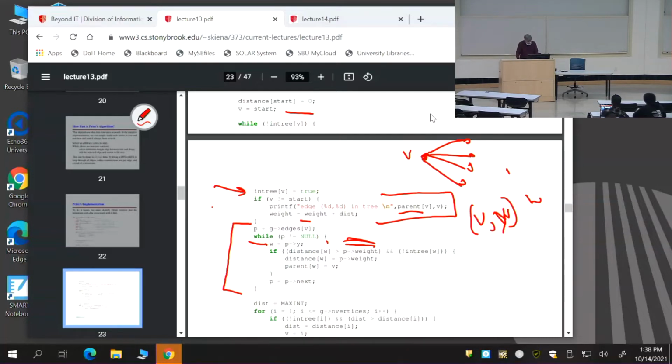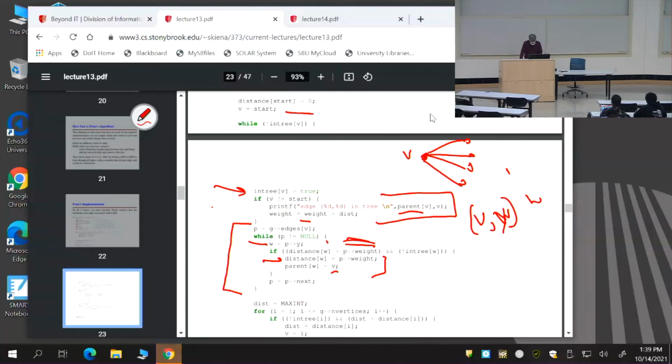If W is not already in the tree, and I found a cheaper way to get it into the tree, then I need to update my data structure. Namely, the cheapest way to get W into the tree is now that new edge, VW, and the parent of W is going to be V.